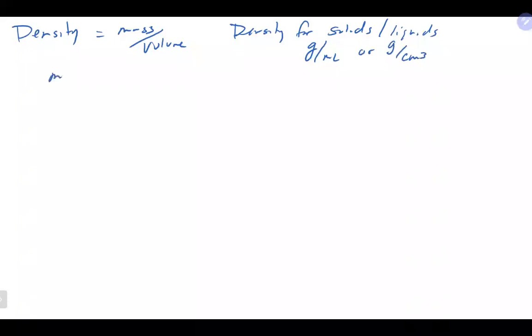Remember that a milliliter and a cubic centimeter are basically the same thing. They both are volumes. A milliliter is typically obtained by just taking a volume measurement, while a cubic centimeter is something like we did in the first couple experiments where you measured length times width times height. Again, you could do length times width times height, all in centimeters times centimeters times centimeters.